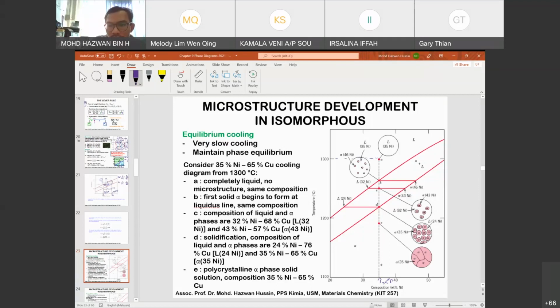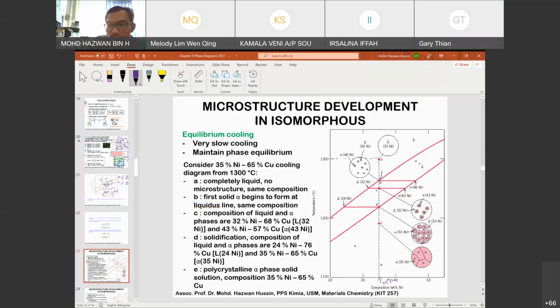Point B is located at the phase boundary of the liquidus line. So the first solid alpha begins to form at the liquidus line. Composition is still 35% of nickel.